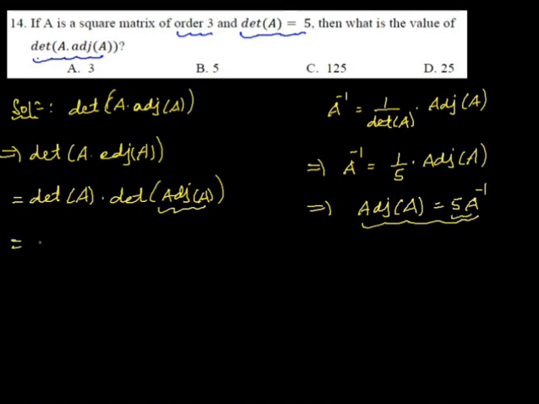So this means determinant of A times determinant of 5 times A inverse.